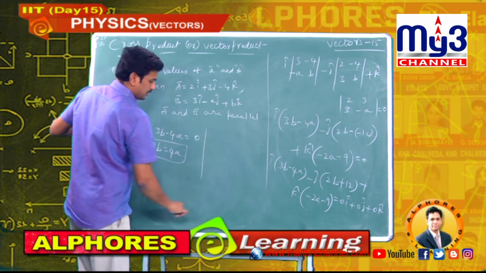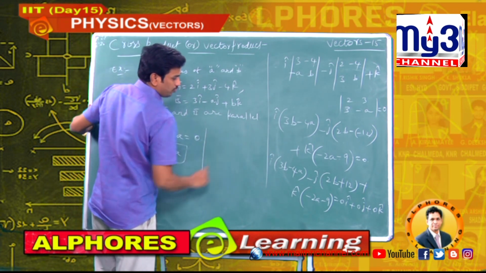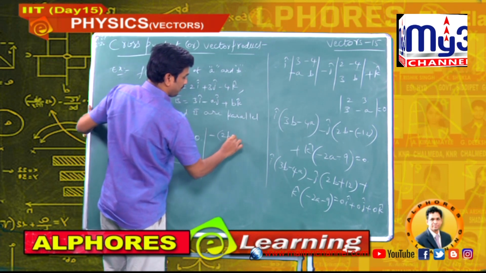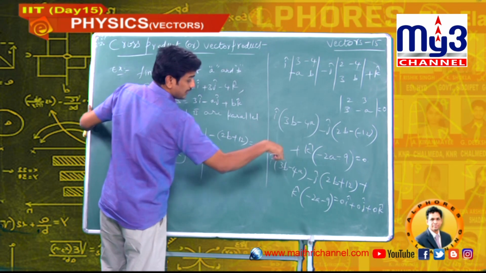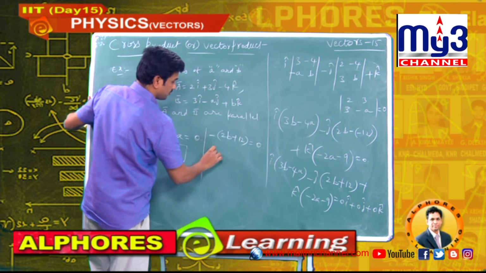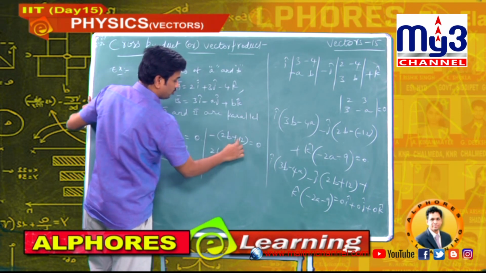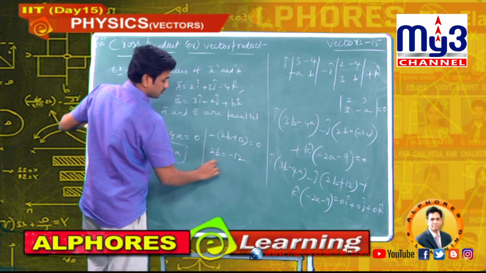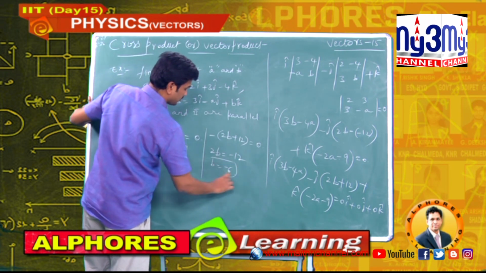Keep it. Next, the j cap coefficient is minus 2b minus 12, and on the right 0, so the minus goes away, 2b plus 12 is 0, 12 goes to the other side, and b is equal to minus 6.